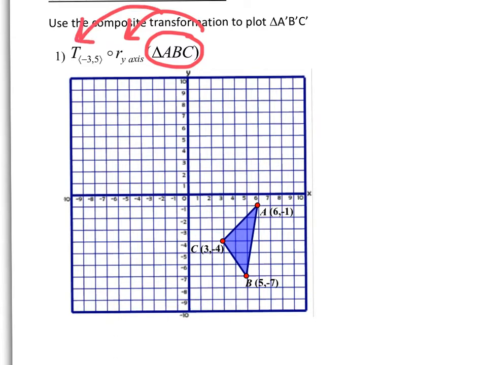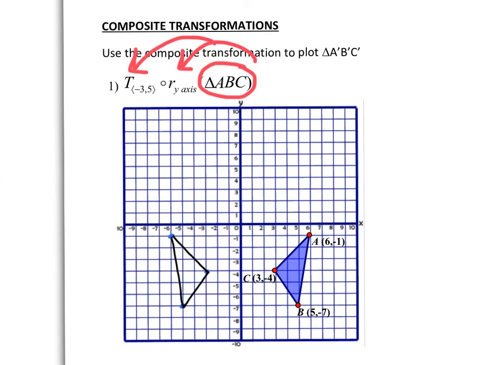So the first thing we'll do is reflect it over the y-axis, then we'll take that new shape, that image, and then translate it -3, 5. So that's my first step. I reflected it over the y-axis, and I will now take this new triangle and I will translate that one to the left 3 and up 5 for the final step.